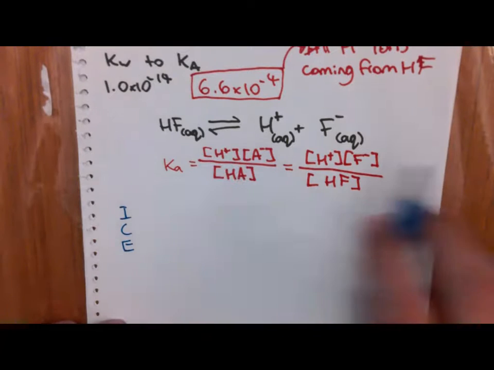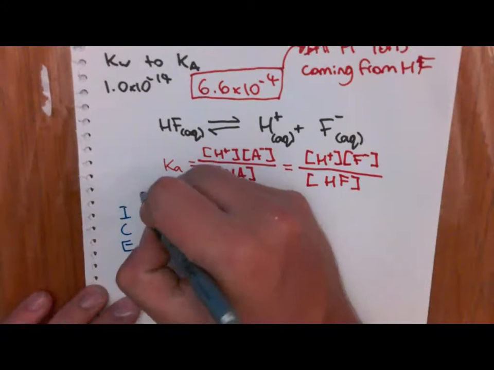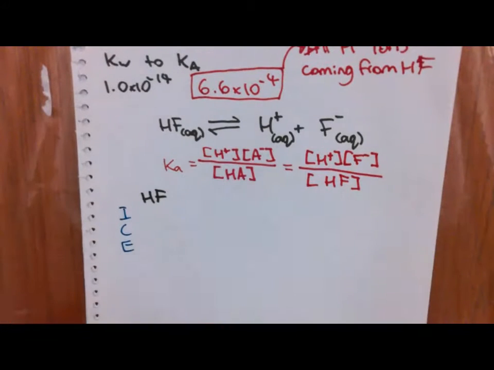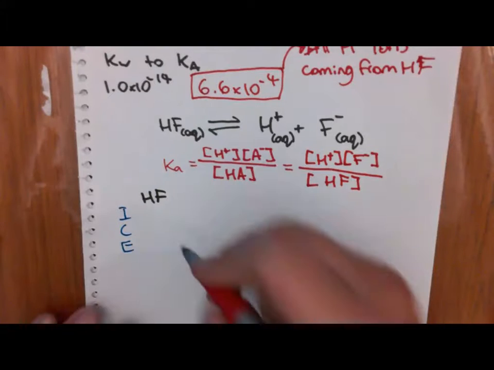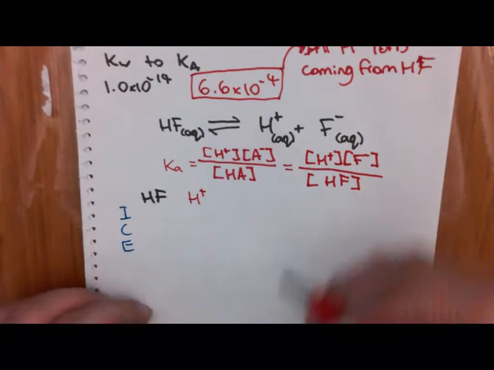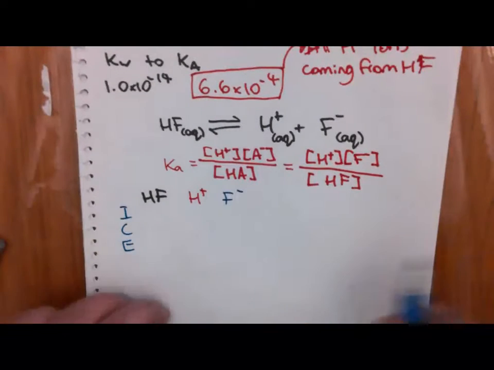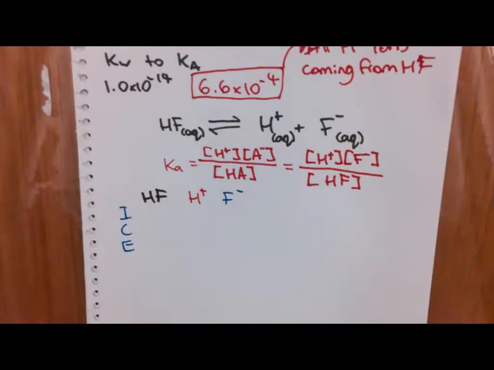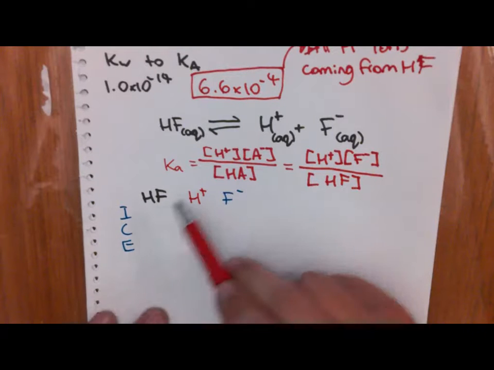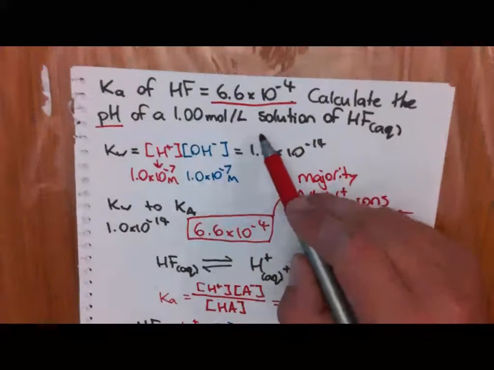So we have our HF, which is aqueous. We're going to have our H plus, and we are going to have our F minus. In each of these reactions, we know our initial concentration of our HF can be found here at the top of our page.